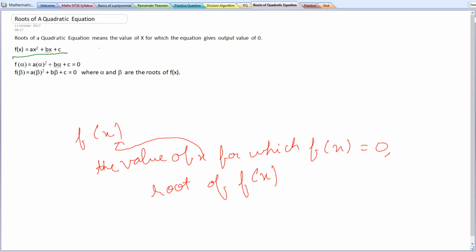If this is my quadratic equation, there are two values of x for which this equation will be equal to 0. First of all, you have to know the degree of the equation.